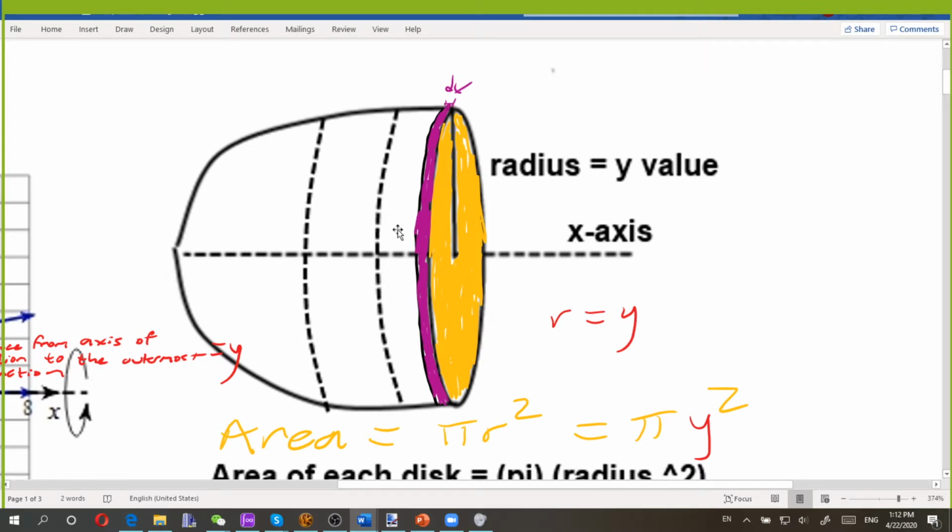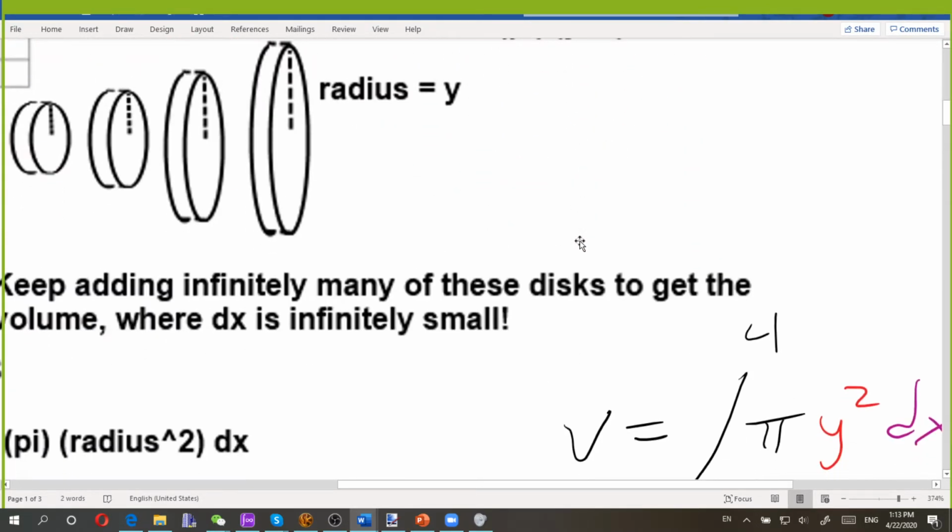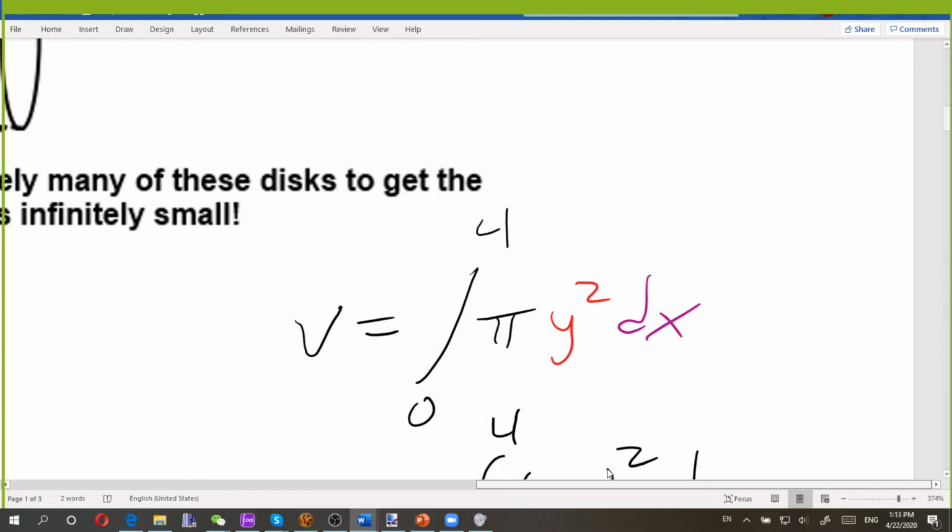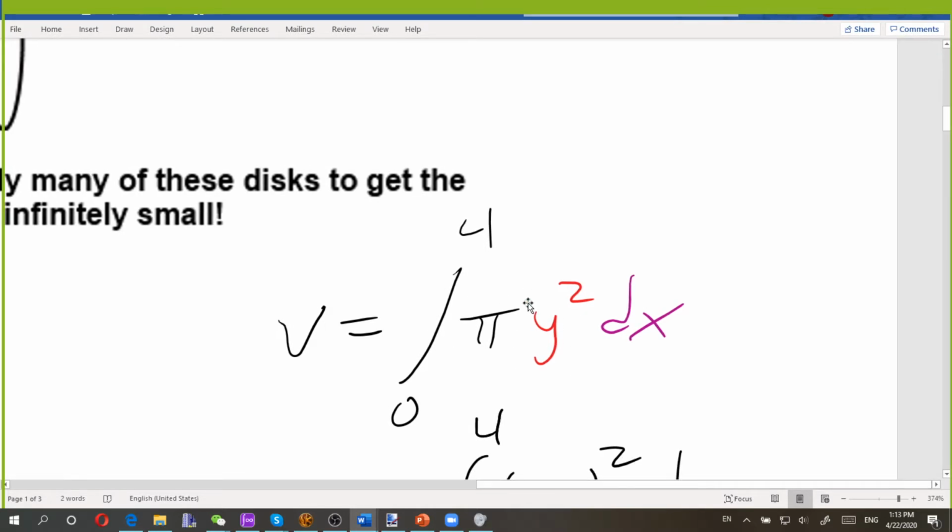So in order to take this yellow area and make it into a volume, I would have to multiply by the height, which is my change in x, my depth. So I could say that our volume is equal to my area, which we said was pi r squared, where our radius is our y value right now, my distance from y equals 0 to our function y equals square root x.